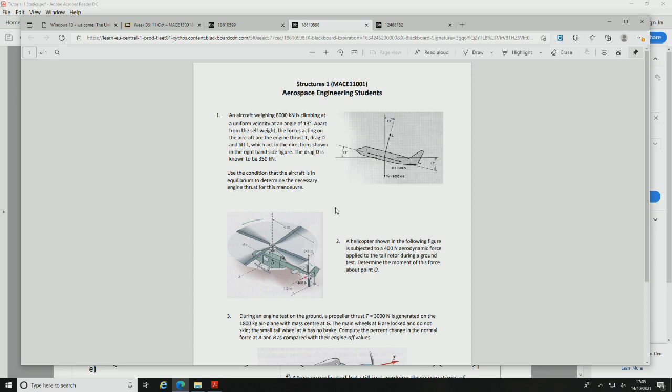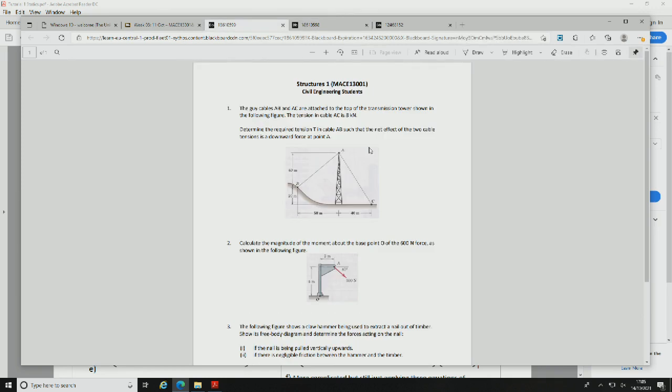Finally, if you are an aerospace student, look at the problem sets for the civil students as well, and vice versa. Although they look different, you will see the principles involved are exactly the same. Whether you are analyzing an aircraft or a cable mast system, it's essentially the same principles you will be using. So that's what we are going to do tomorrow.